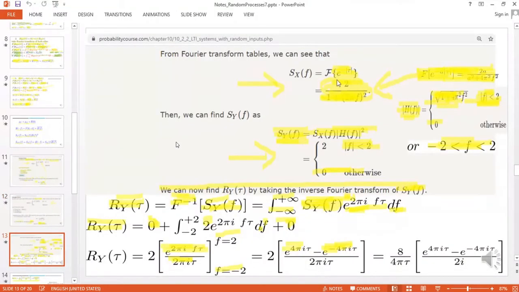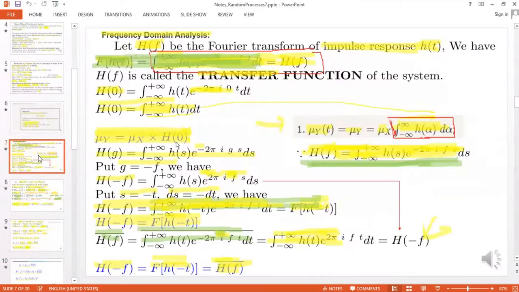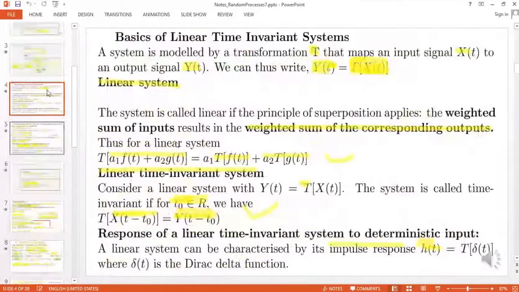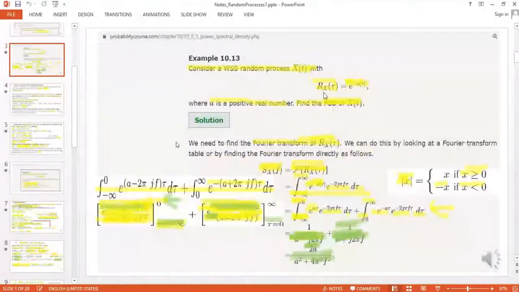Today only we have proved one result. If we have some random process xt which is wide sense stationary with Rx(tau) equal to e raised to power minus a absolute of tau, then its Fourier transform, that is the power spectral density of xt, is 2a upon a squared plus 4 pi squared f squared.